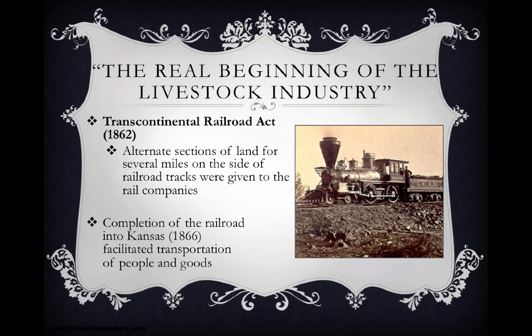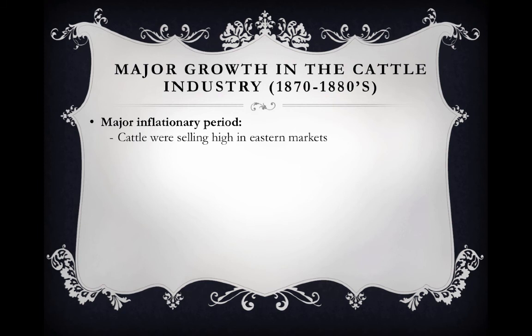This act really fueled the push to get all of the railroads in. So we saw completion of the railroad into Kansas by 1866, and this really helped get people from the east to the west, as well as goods, people, and livestock.